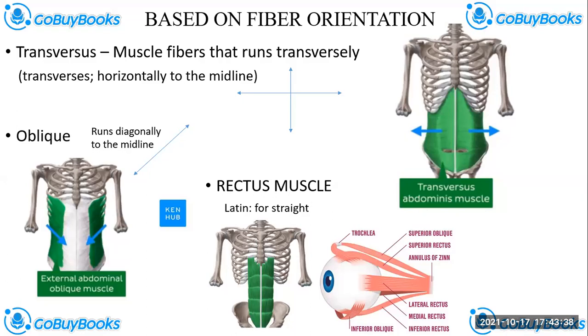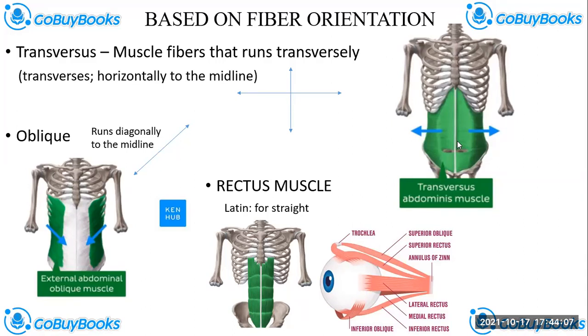Muscle fibers that run transversely. When you say transversus abdominis, it literally translates to muscle fibers that run transversely. You can see this picture of the transversus abdominis muscle. Transverse means horizontal to the midline, the line that divides the body into two equal halves, as you can see from this slide.